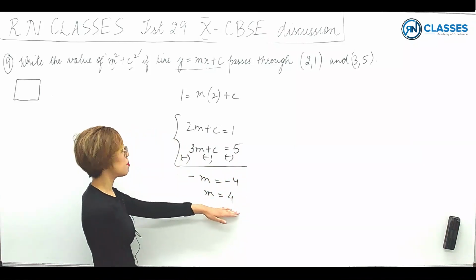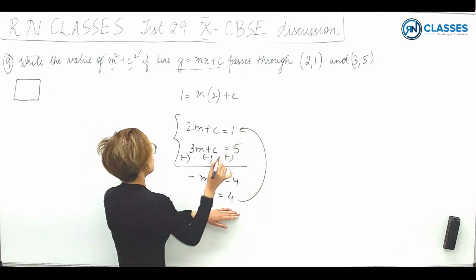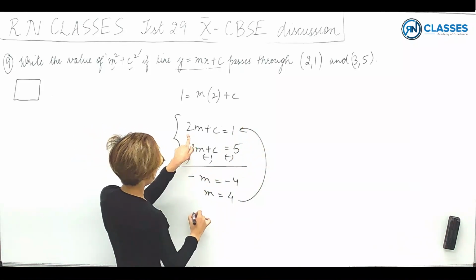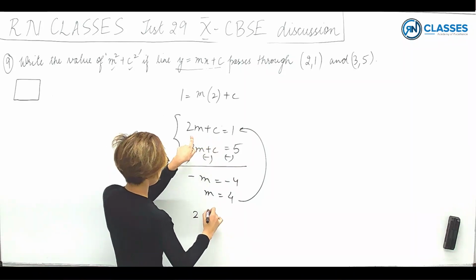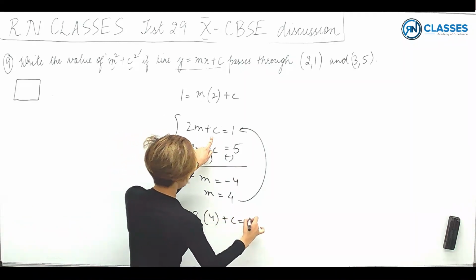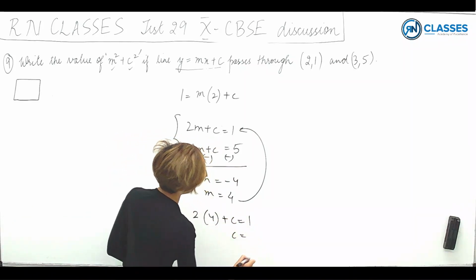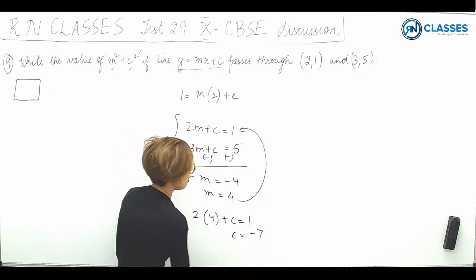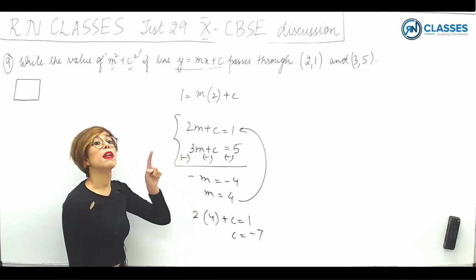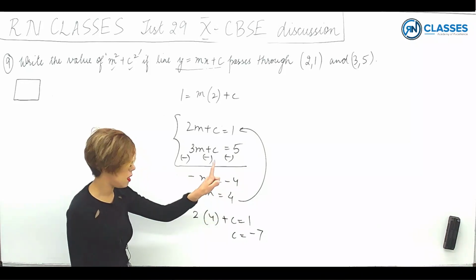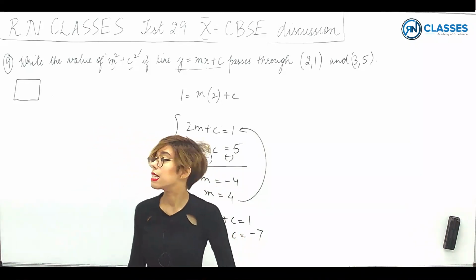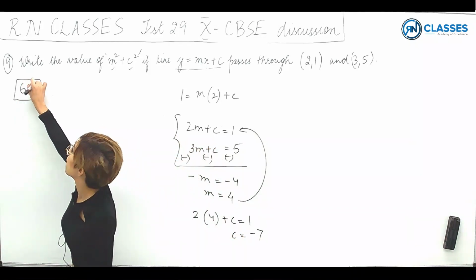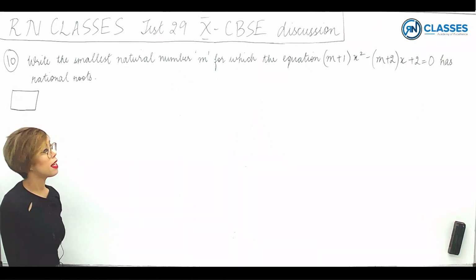Now just substitute the value of m over here. So c will be what? Now 2m plus c equal to 1. So 2 into 4 plus c equal to 1. So I can say that c is equal to minus 7. I need m square plus c square. So 16 plus 49, which is what? 65.